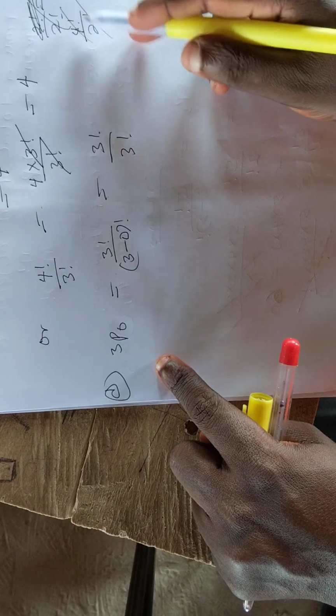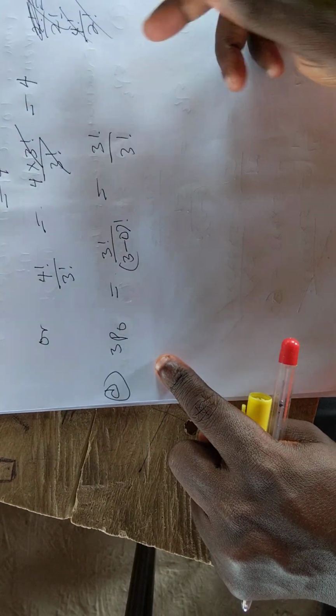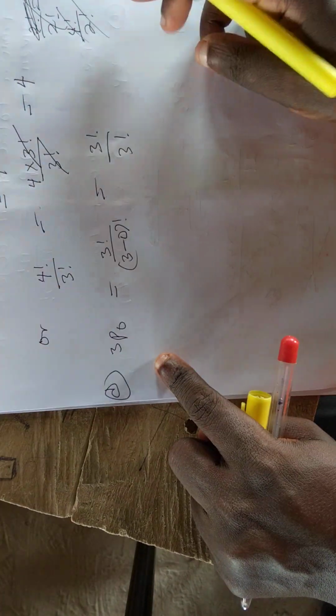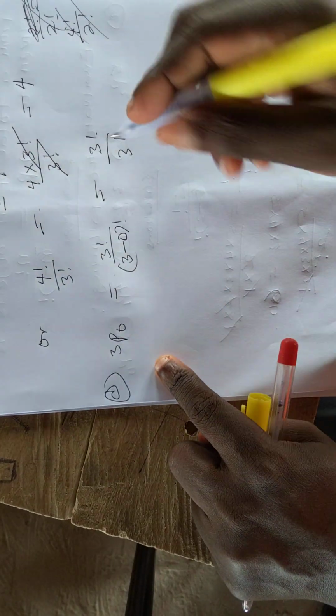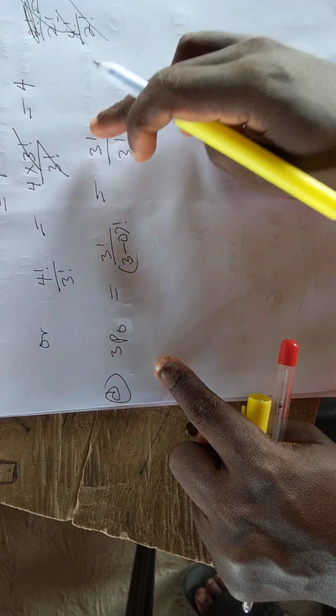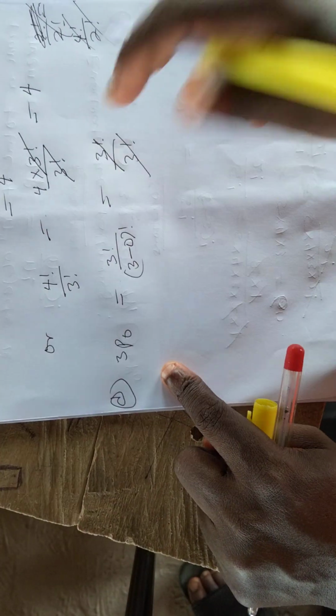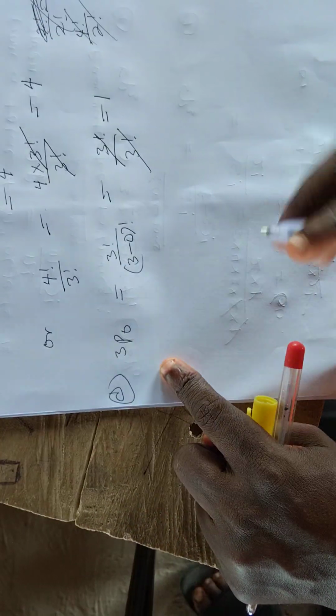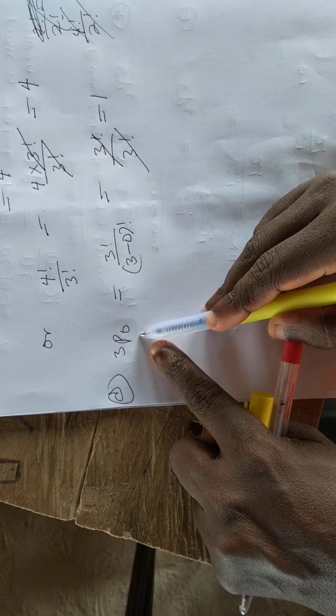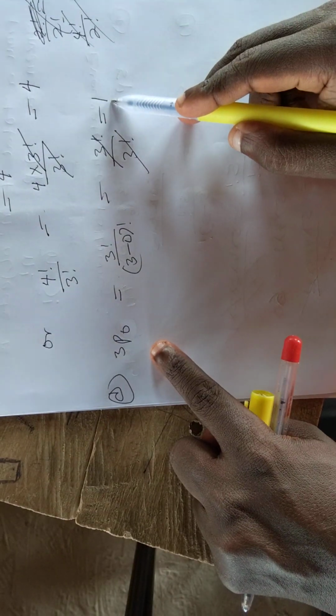But factorial should not cancel factorial when the two numbers are not the same. Please, it should be noted. The reason why I can cancel 3 factorial over 3 factorial is because they are the same number. So my answer is 1. So it shows that 3 permutation 0 is equal to 1.